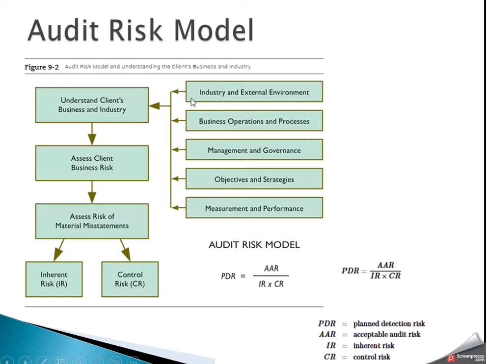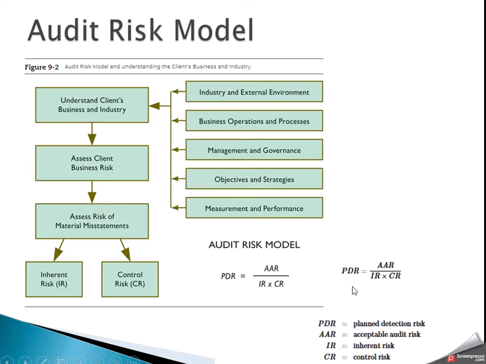The things that go into understanding the client's business are the industry they're operating in, their internal operations, how they run things, their management, like what the board is like and what the executive level management is like, their objectives and strategies, and then measurement and performance of all those financial data and numbers and estimates and recording everything.